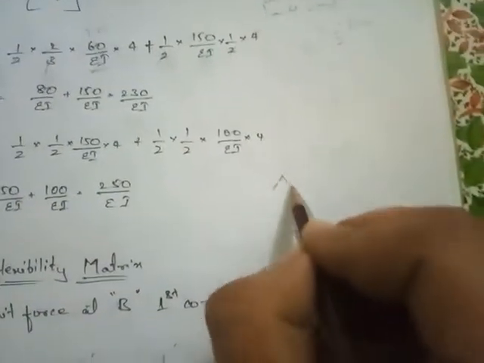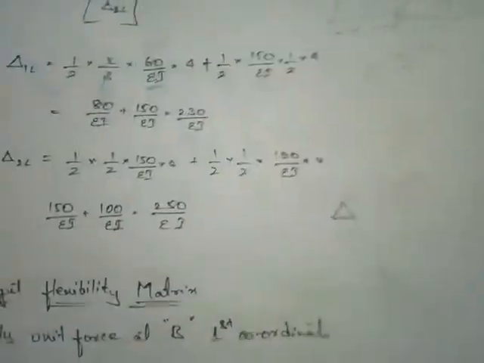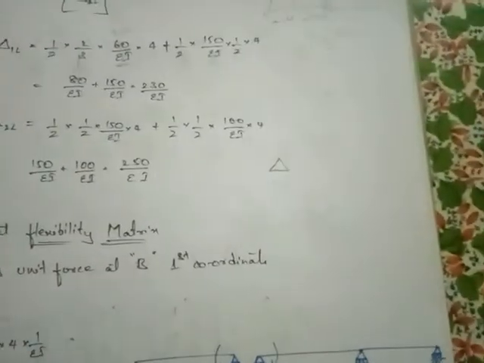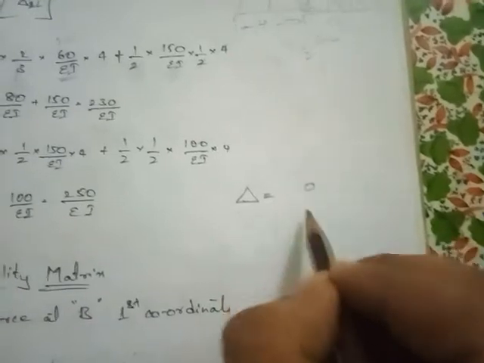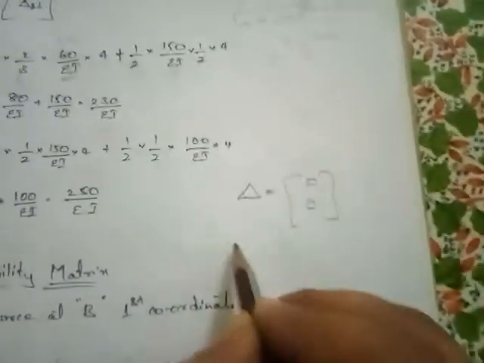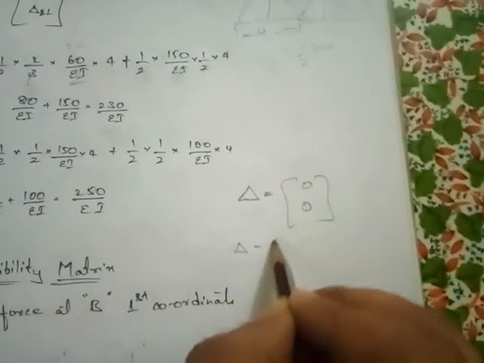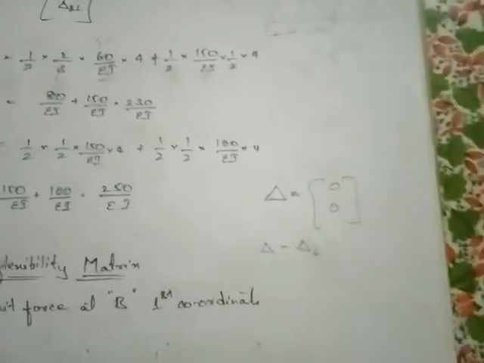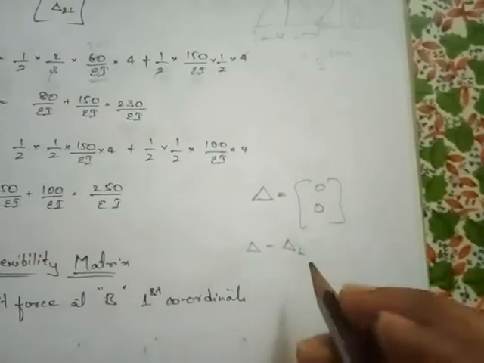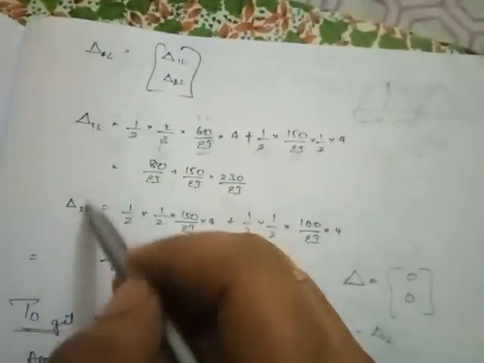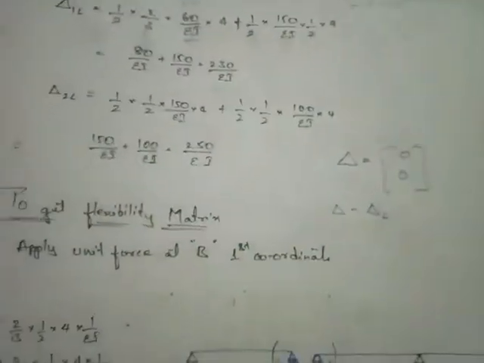Here we don't have any sinking or sway conditions or lateral loads to consider, so the delta matrix will be zeros. You have delta is minus delta L matrix, where delta L is delta 1L and delta 2L.